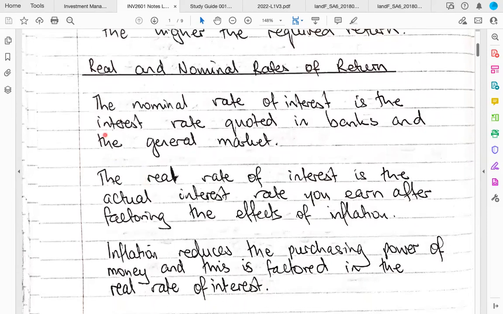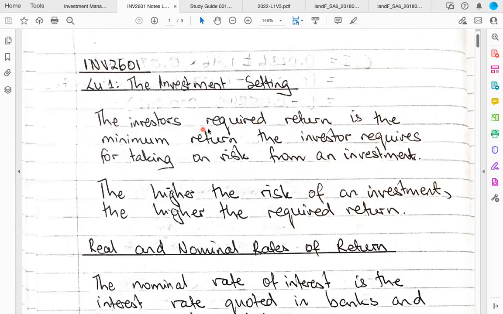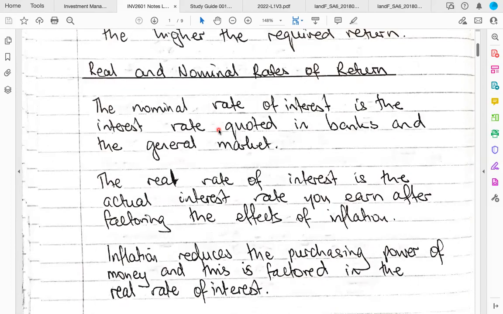And then the second thing you need to note is that those required returns that investors require, we can break down into what we call the real rate of return, or the nominal rate of return, right?